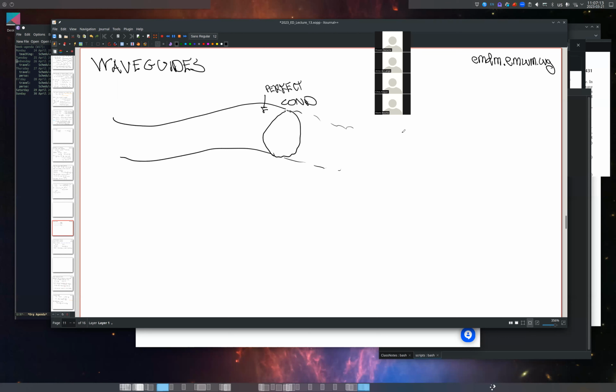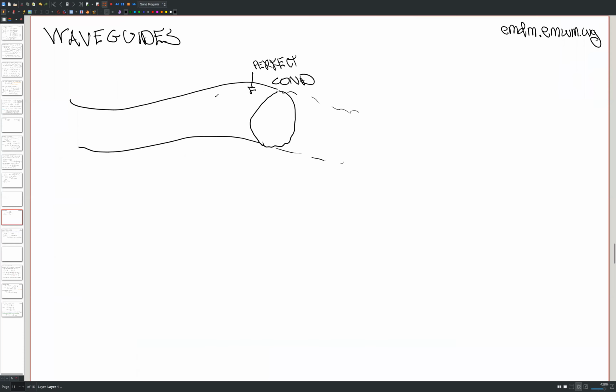What that means is that at the boundary, our electromagnetic fields have to obey some conditions, and the conditions are that the electric field parallel to the boundary has to vanish.